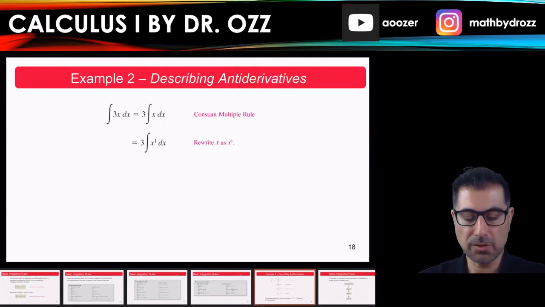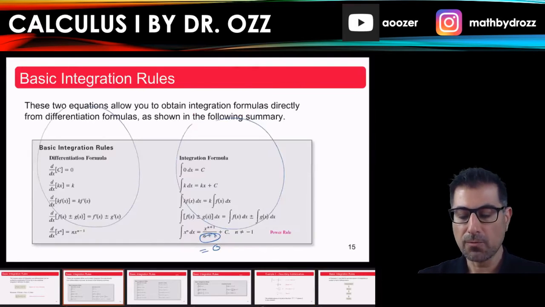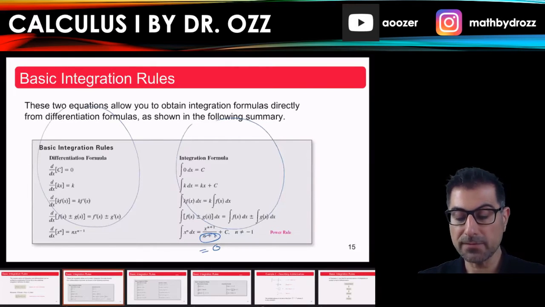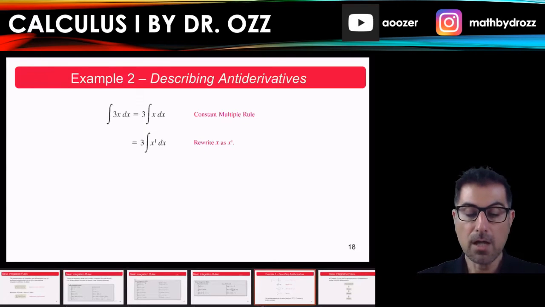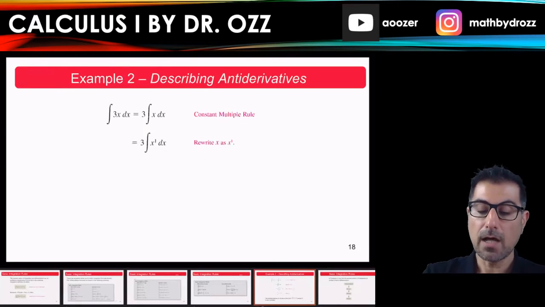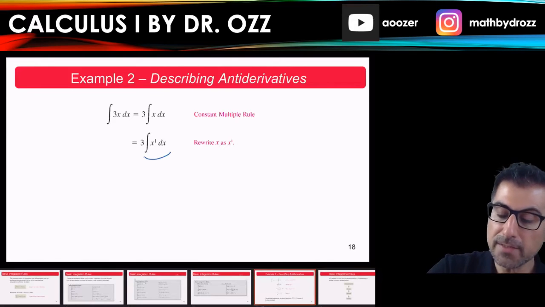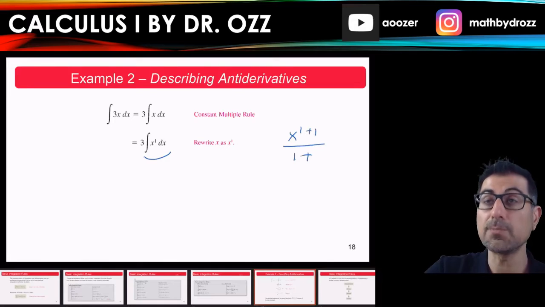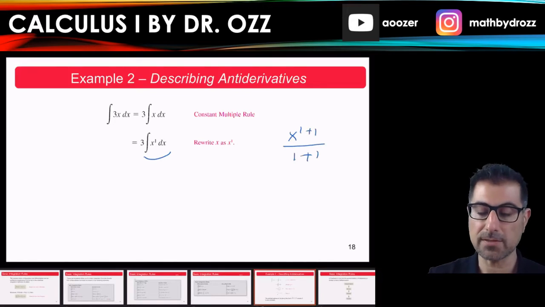So then by using the power rule for integration, we are going to add 1 to the exponent and divide by the new exponent. This is the rule that we're going to use. Let's see if that's correct.